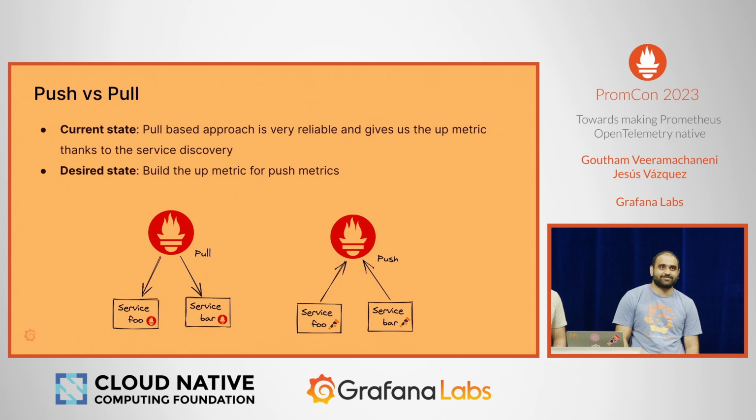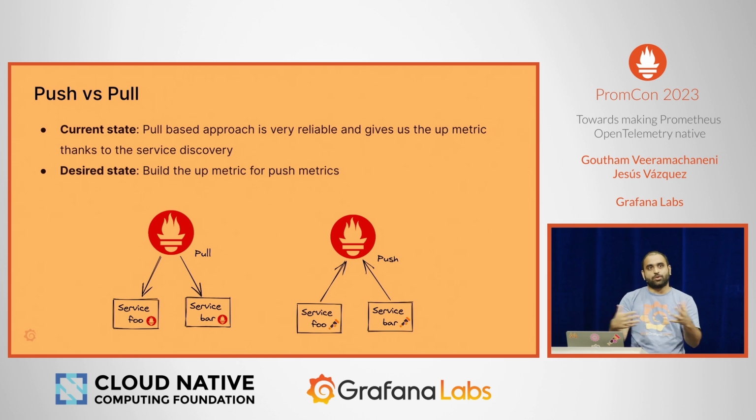What are the benefits and the trade-offs of switching from pull to push? There are none, but we are seeing customers and users gravitating towards instrumenting with OTel because they like the premise of not having vendor lock-in. They like the fact that there are semantic conventions.